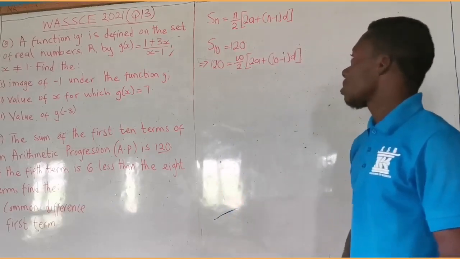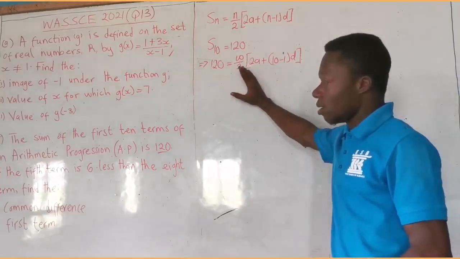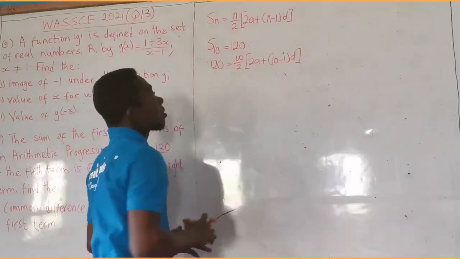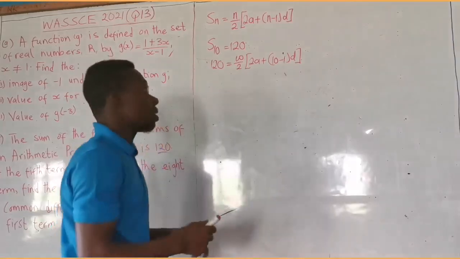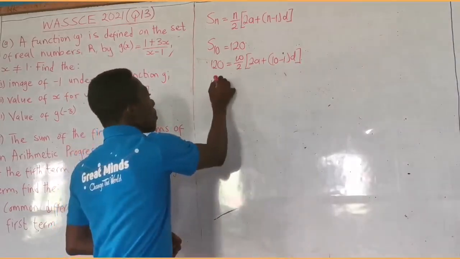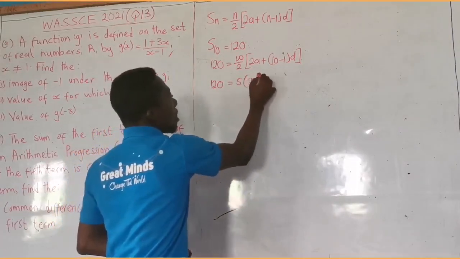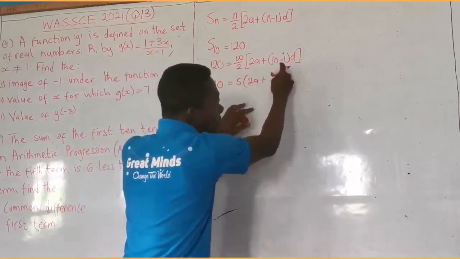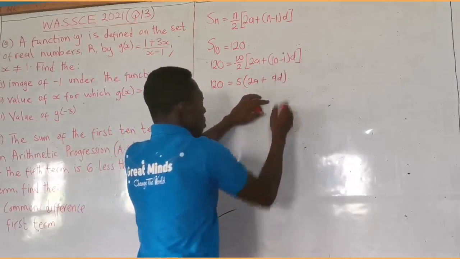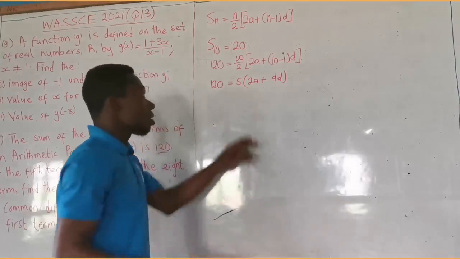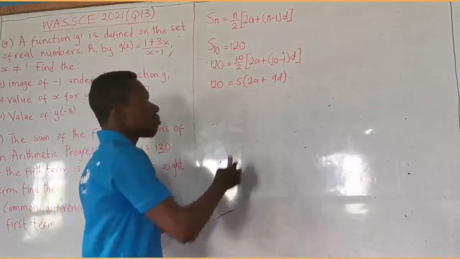So this is the sum of the first 10 terms. So let's break it down. It becomes 120, which is equal to 5 into bracket 2a plus 9 multiplied by d, so 9d. Here, someone also can decide that for me to expand, I will divide both sides by what?